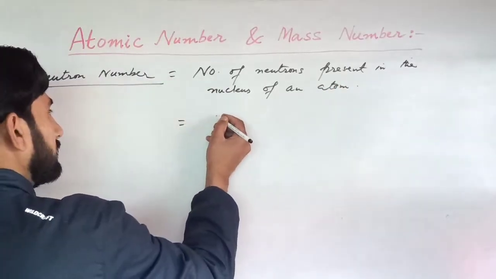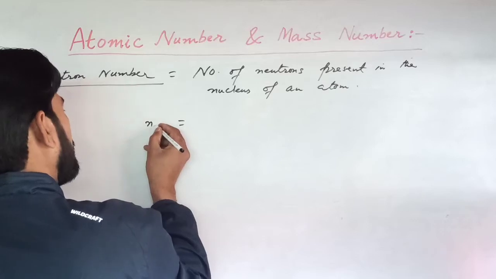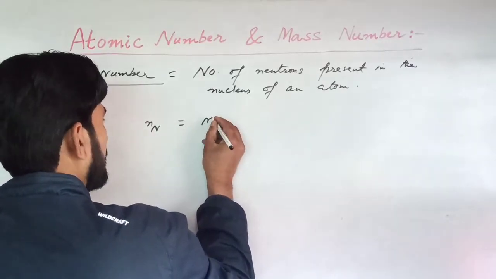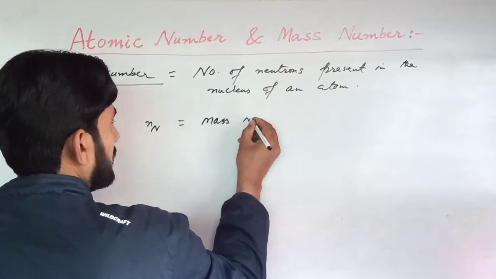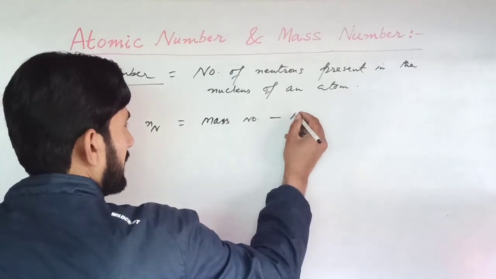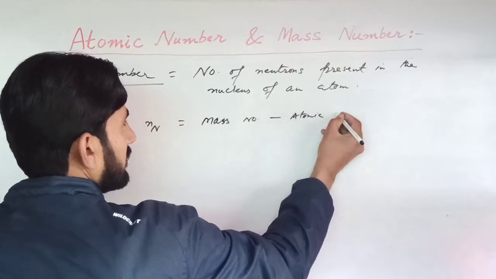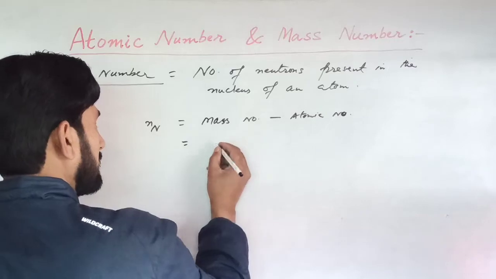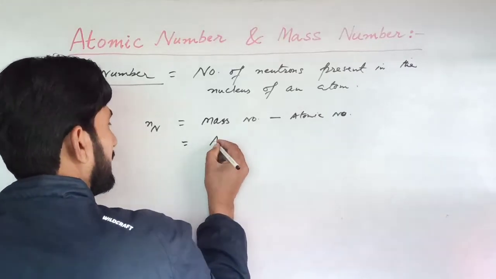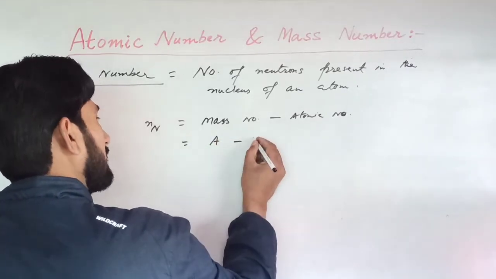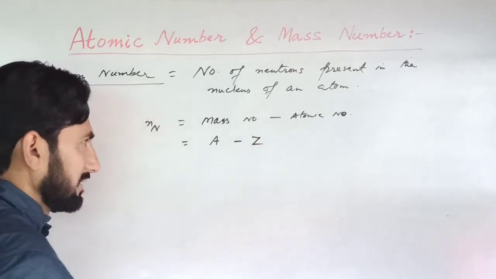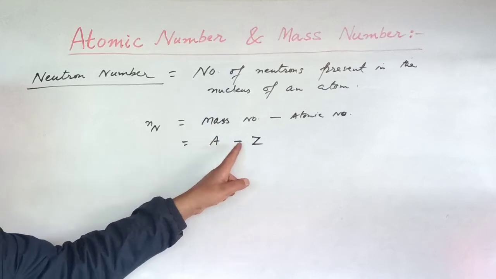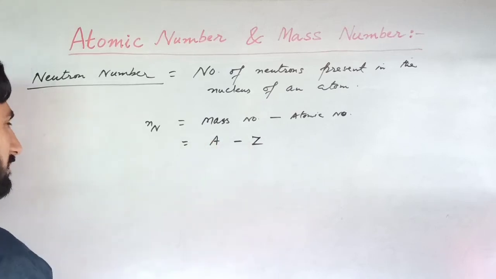The number of neutrons is equal to mass number minus atomic number. Since mass number is represented by the letter A and atomic number by the letter Z, the number of neutrons is equal to A minus Z. That means mass number minus atomic number.